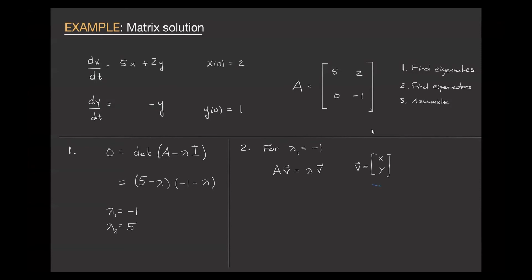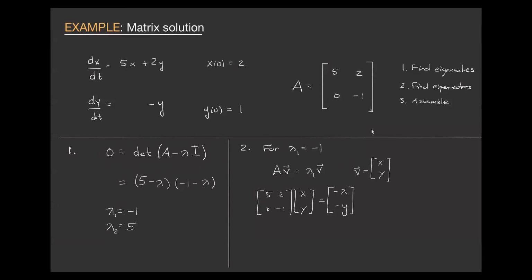And if we take A times v is equal to lambda times v, that's saying that the matrix 5, 2, 0, -1 times the vector x, y should be equal to -x, -y, because we're multiplying by lambda 1, which is equal to -1.